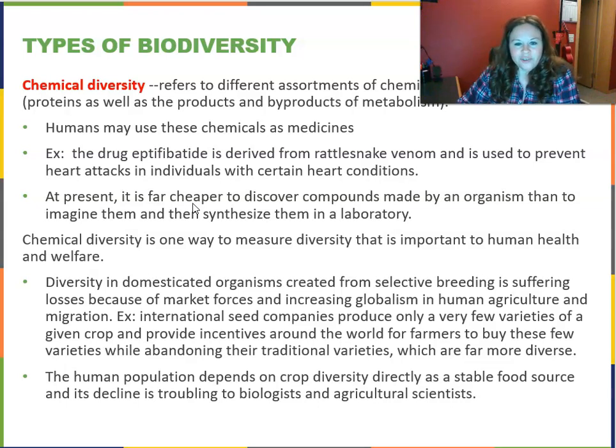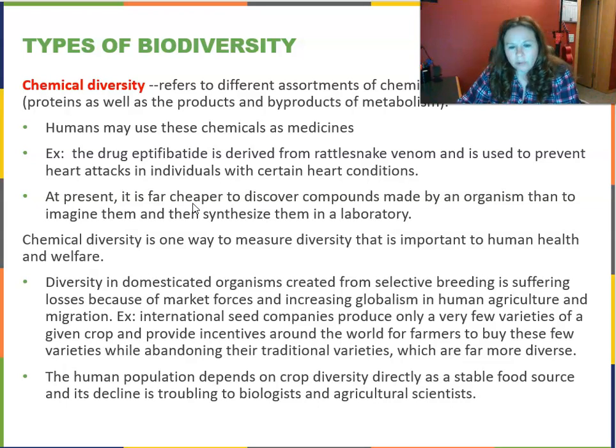At present, it's far cheaper to discover compounds made by an organism than to imagine them up and synthesize them in a laboratory ourselves. Chemical diversity is one way to measure diversity that's important to human health and welfare. Diversity in domesticated organisms created from selective breeding is suffering losses because of market forces and increasing globalism in human agriculture and migration.